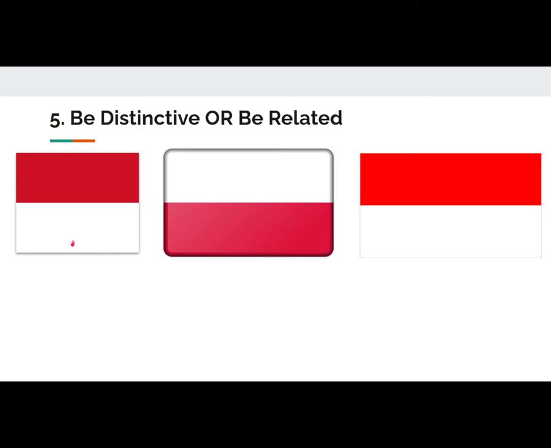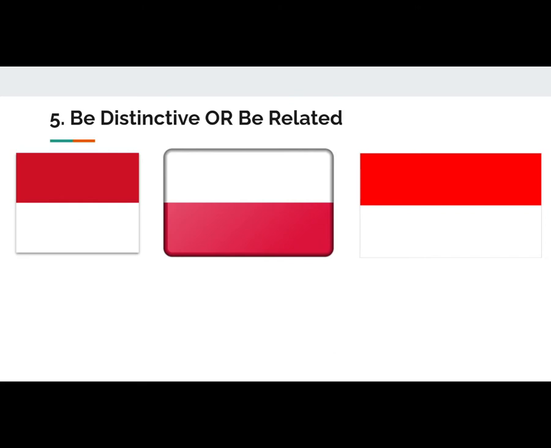It's a very small country that's inside of France. So we have Monaco. Then I think we have Poland. Poland, of course, in Eastern Europe. They speak Polish. Here they speak French. Polish. This is Indonesia. There is no direct relationship between any of these 3 countries, but they have very, very similar flags for very different reasons.